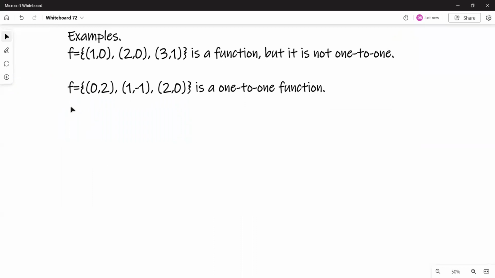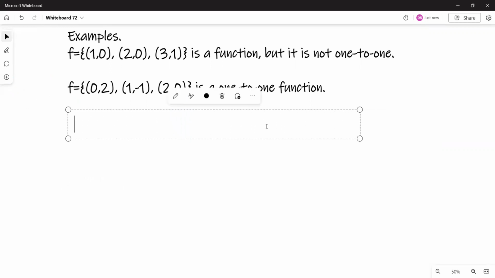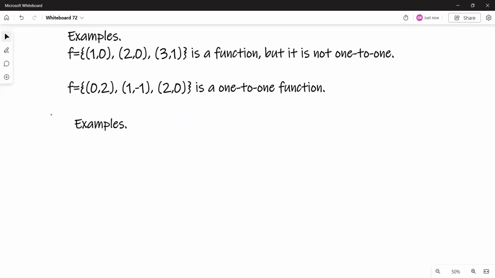Now let's suppose the functions are given by equations. We take f of x equal to x squared. That is going to be a function, but it's not one-to-one.